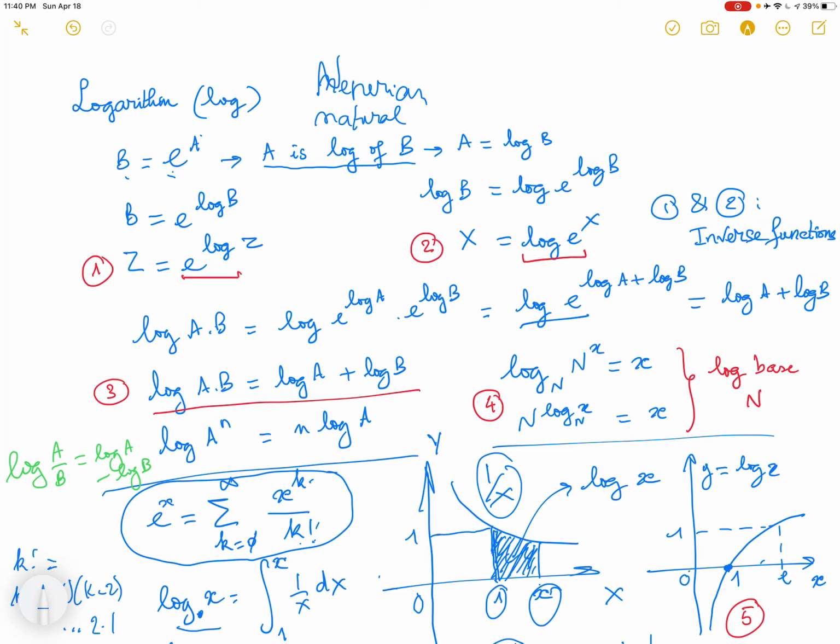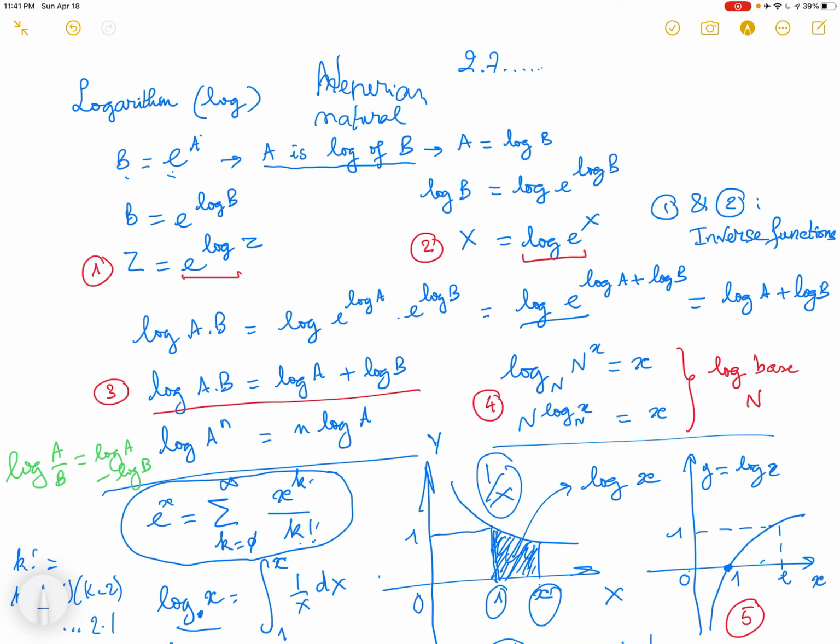And the base here is e. E is a transcendental number which has a value of some 2.7 something, and this does not end, much like the value of pi equal to 3.14159 and so on, right?